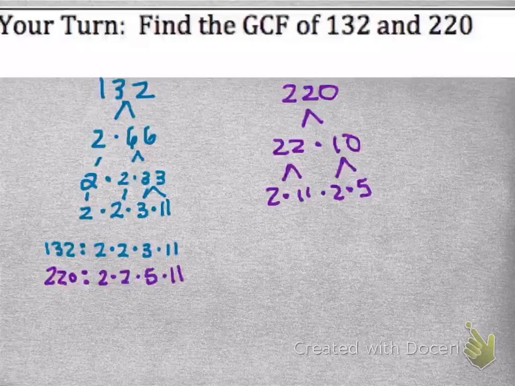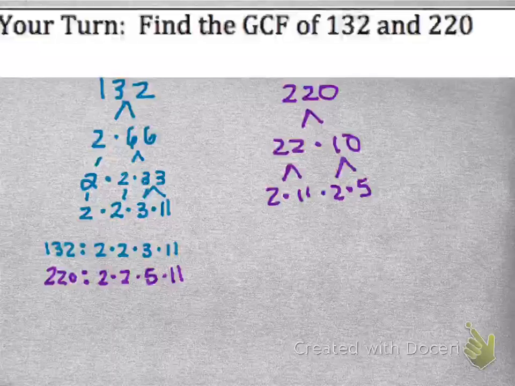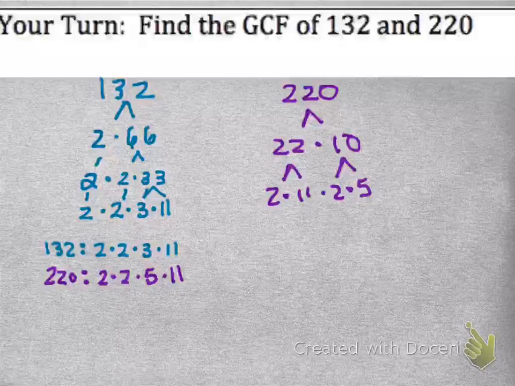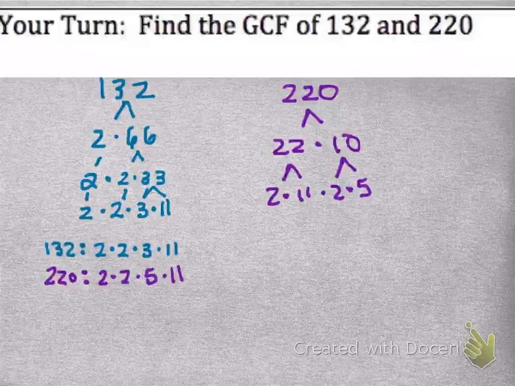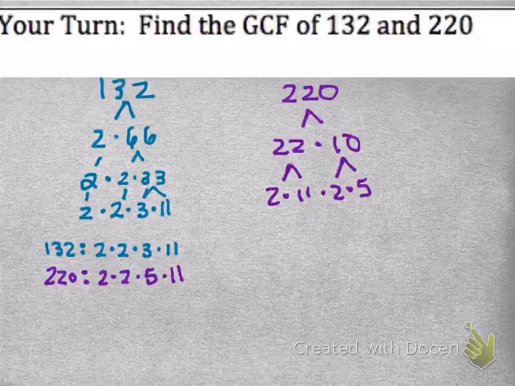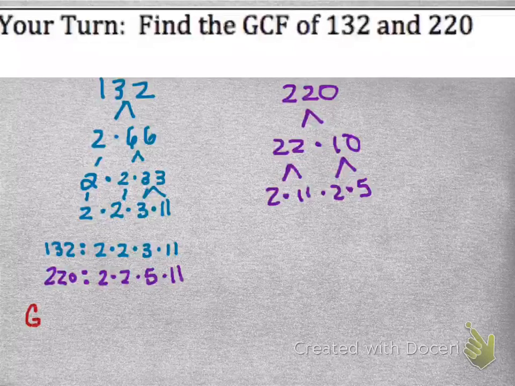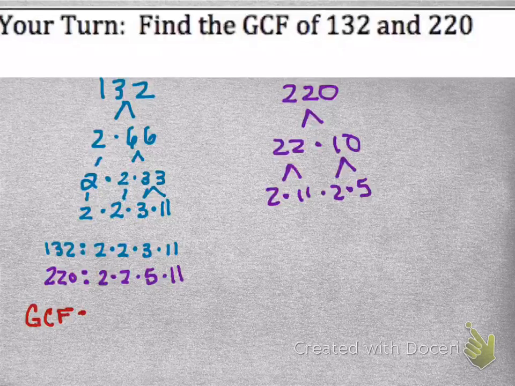So I've found the prime factorization of 132 and 220, and you can see that 132 is 2 squared times 3 times 11, and 220 is 2 squared times 5 times 11. So again, to find that GCF, I want to look at what they have in common, and then I would combine them through multiplication.